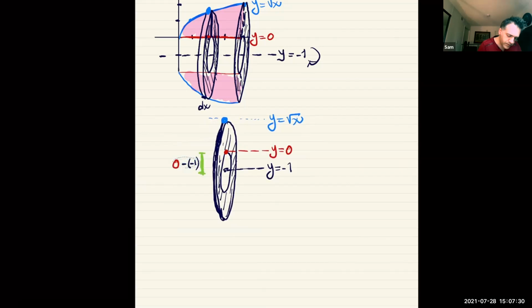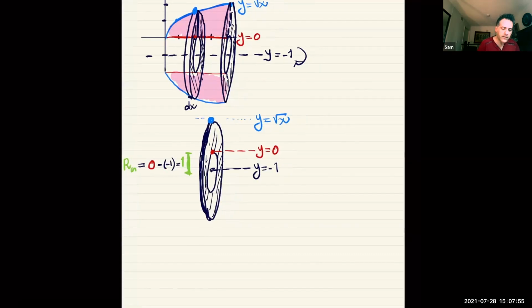I'm going to call that R sub in, where in means inner radius.